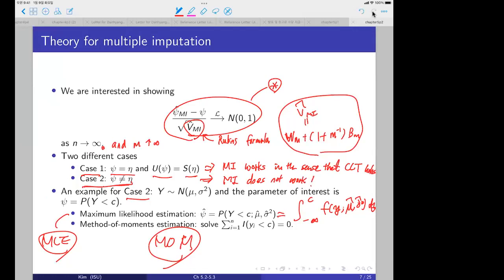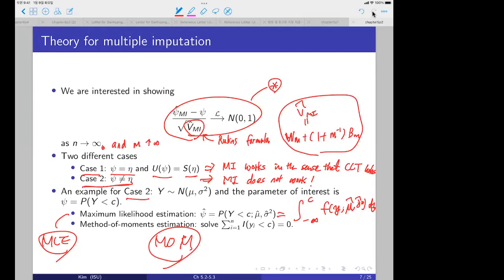That is disappointing news to multiple imputation supporters because it quite limits the applicability of the estimator. For example, if I use MLE for multiple imputation, I have no problem. But for method of moment, we have a problem: the variance estimator is not unbiased, even asymptotically. We'll see that.